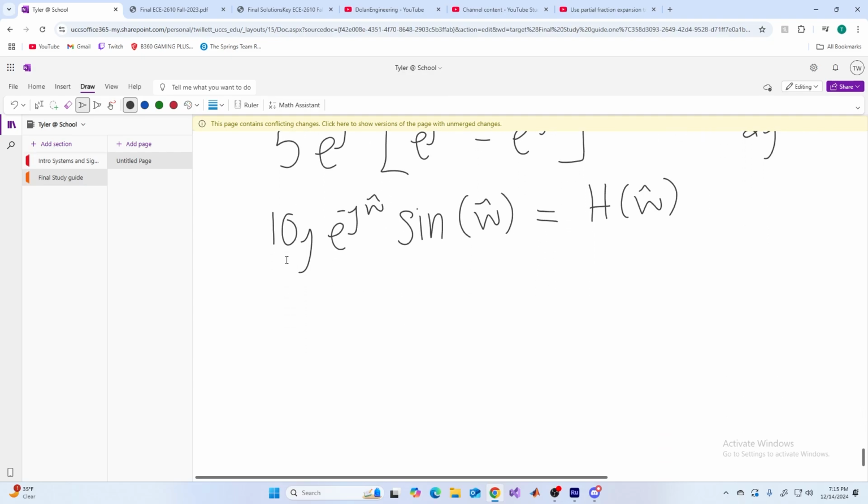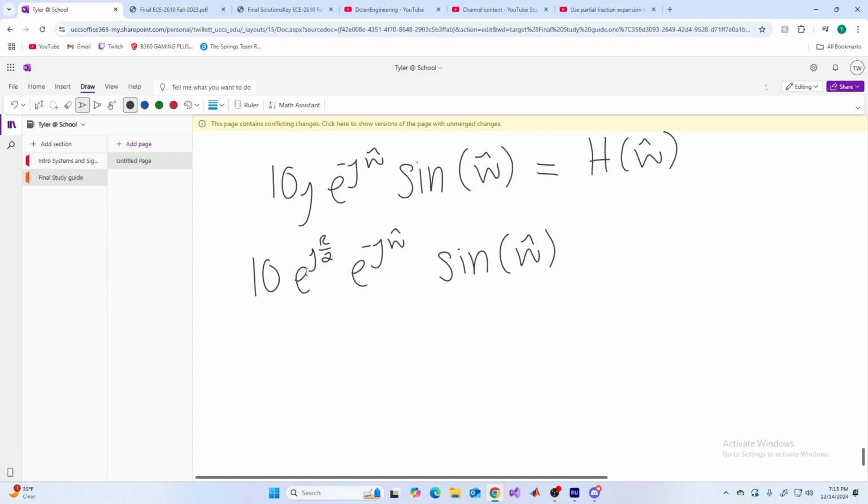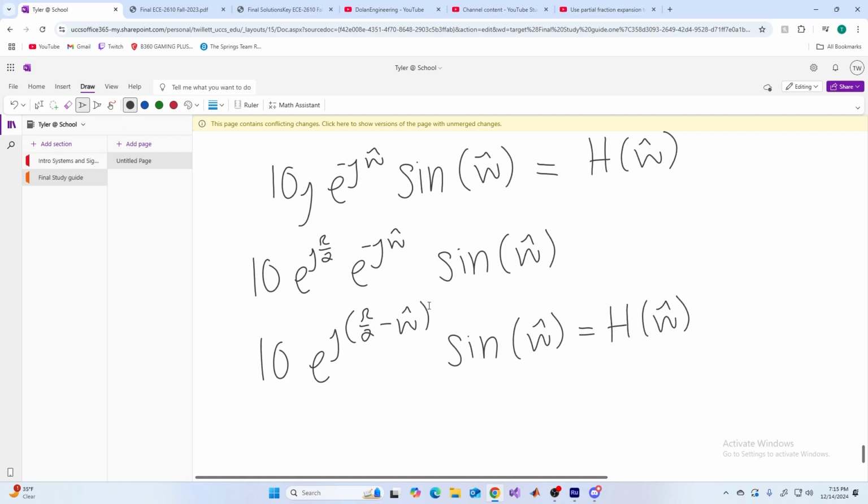Now we can remember that j is equal to e to the j pi over 2, so 10 e to the j pi over 2 e to the negative j w hat sine of w hat. Perfect. Now I can combine these terms to get 10 e to the j pi divided by 2 minus w hat sine of w hat equals h sub w.